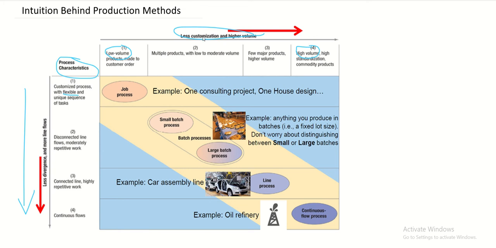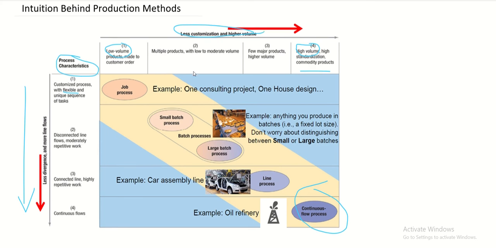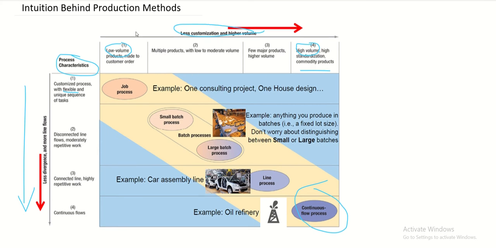In terms of customization, a job process has the highest customization of products, while in the right corner, the continuous flow process has the least customization. So let's move on and dive straight into each individual process.